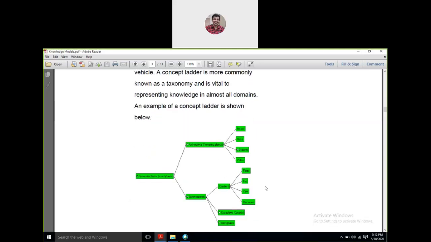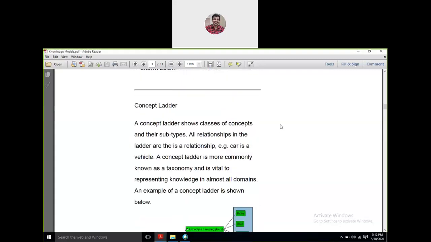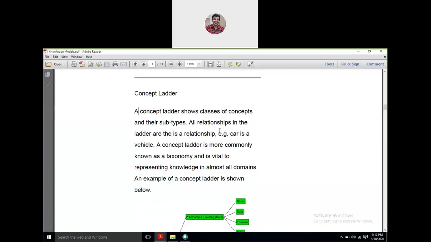You can see an example: there's a plant type, and within that plant type you have two different plant types, and these further plant types have further types. So there are subclassifications that go on in our concept ladder. Remember, these are things that are not there in our generic or common slides, so you can just go through it. I'll be sharing all this data with you also.